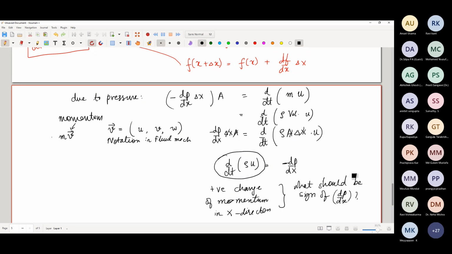If the left hand side is supposed to be positive, then what should be the sign of dp dx?